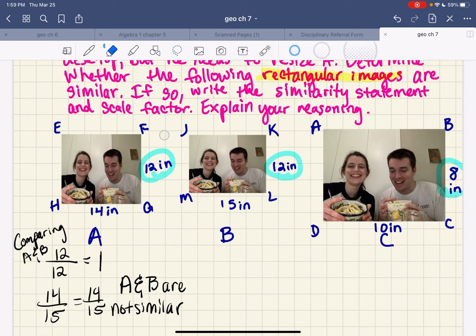Okay. A and B are not similar to each other, but there's still some hope for C being similar to one of those.